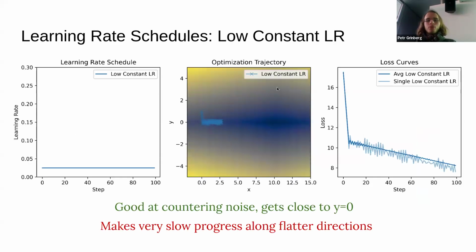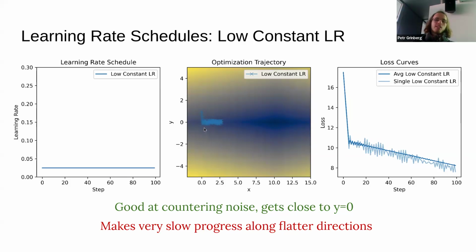So if you use a constant learning rate which is low, like here, it's hard to say what the exact value was in this example, but like 1e-7, for example, then over time your loss will indeed go down, but it takes many steps to actually optimize your parameters.